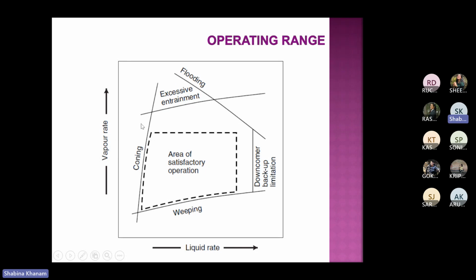But when the vapor rate keeps on increasing, then flooding will occur because it pushes the liquid upward. And we have entrainment also. What is entrainment? When vapor comes in cross flow with the liquid and goes above the tray, it takes some of the liquid droplets. So you can understand that entrainment will occur first, then the flooding.